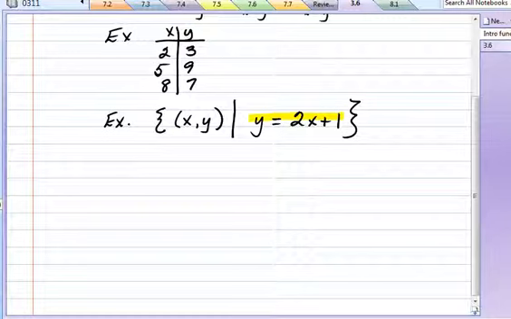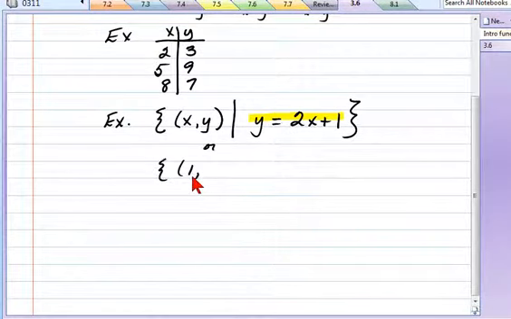And what would that look like? Well, it would be a set of points. If I let x be 1, what would y be if you plugged in 1 for x? 2 times 1 is 2, plus 1 is 3. So that would be a point of that relation.